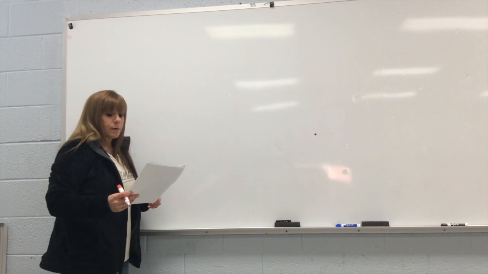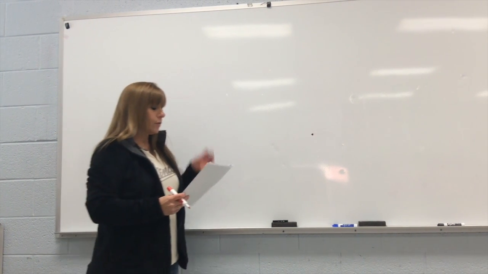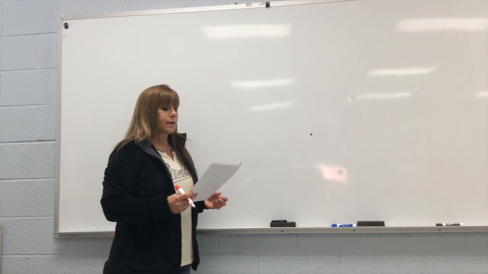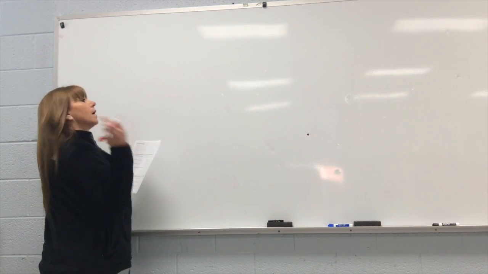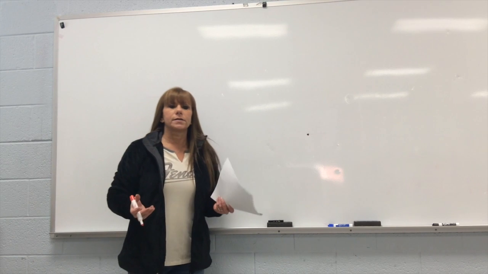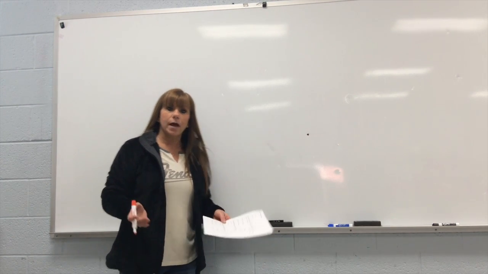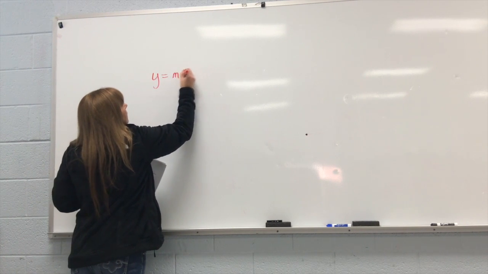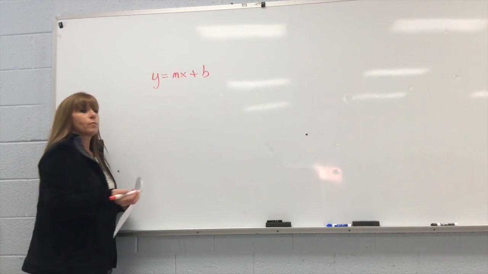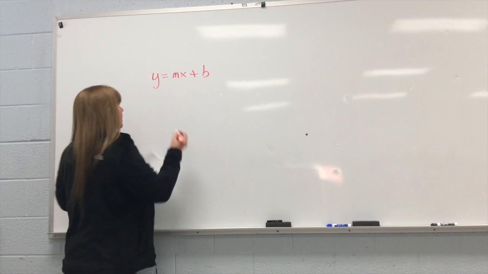All right, in problems 19 through 24, write the slope-intercept form of the equation of the line given the slope and the y-intercept. This is just practice in writing equations of lines in the form of y equals mx plus b. Okay, remember m is the slope, b is the y-intercept.